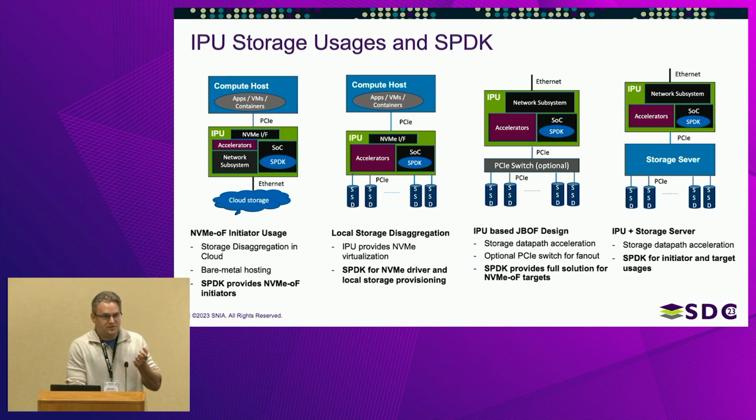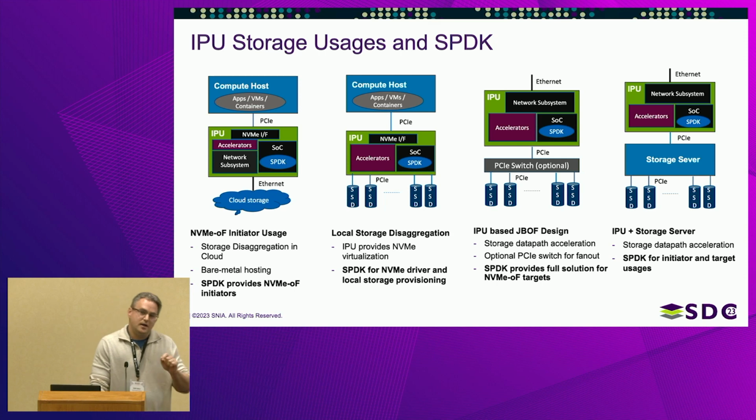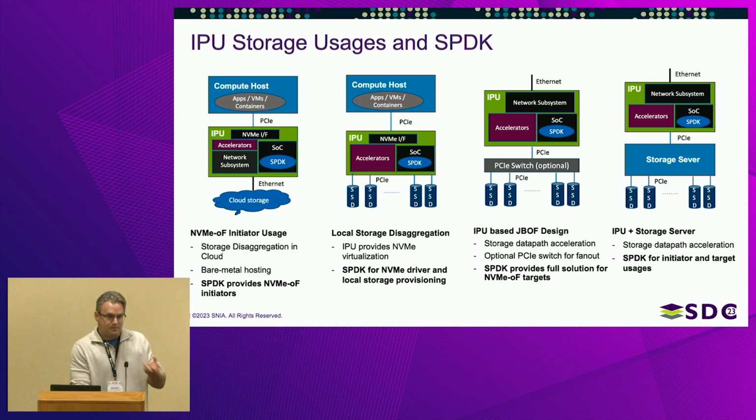And they wanted to be able to strictly rate limit that disk, so that the customer couldn't buy a slow disk and then just blast data into that virtual device. So these usages are all about providing that virtual disk to the customer, enforcing security and QoS on that device, and making that device resilient so that the storage information can follow the application as it moves around in the cloud.